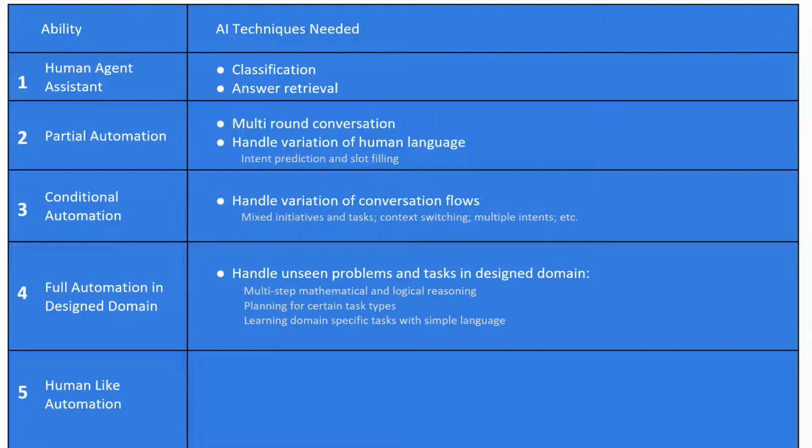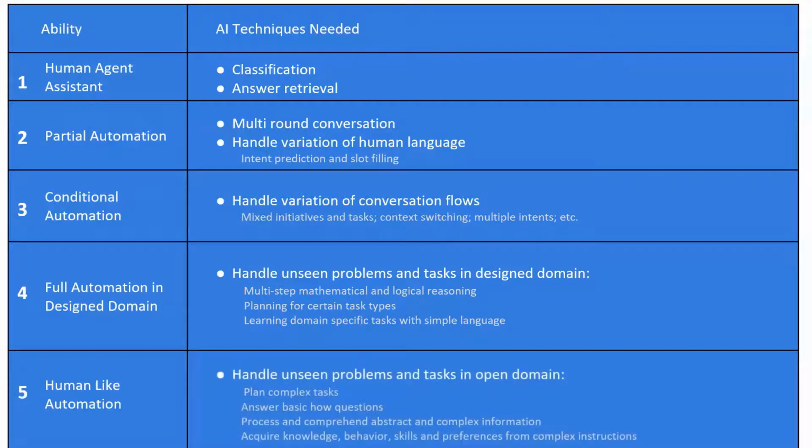And the virtual assistant needs to be able to learn domain-specific tasks with simple languages. And future virtual assistants will be able to take complete control of handling each individual customer's request for the company. The virtual assistants are outcome-driven and goal-oriented. They're easy to develop, and solve long-tail problems themselves without training. That's level 4.